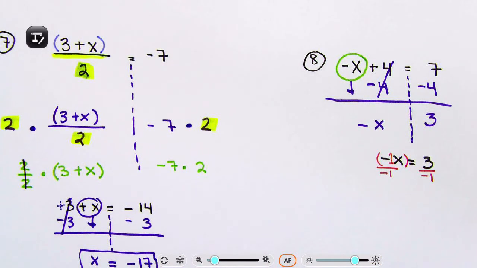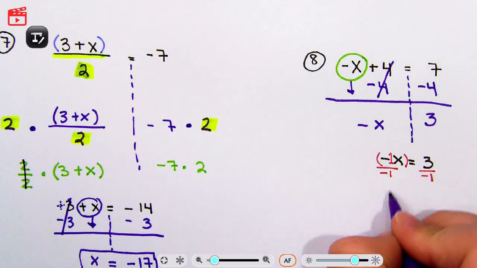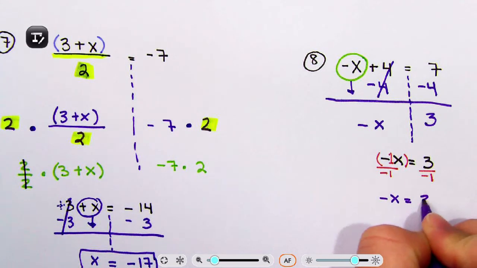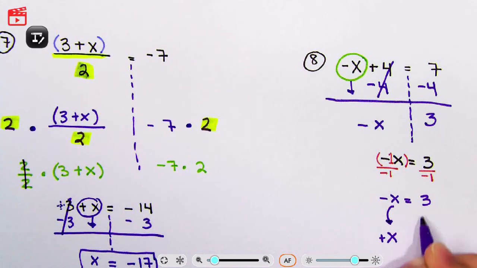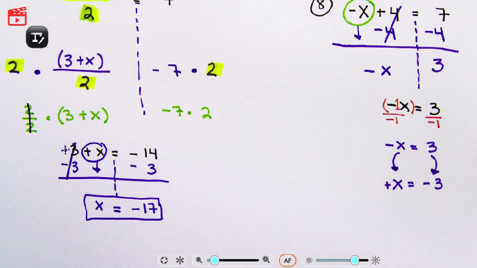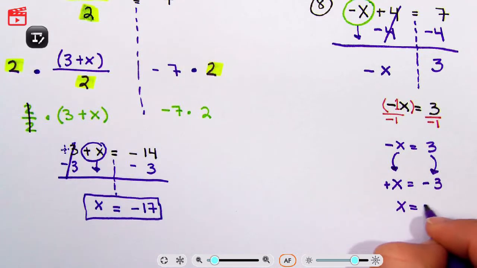When that happens, you just flip the sign. So for example, if you have a negative x is equal to 3, your negative becomes a positive, and your symbol here, in this case it's a positive, now becomes a negative. So that means, I'm going to shift this up just slightly one more time, x is equal to negative 3.